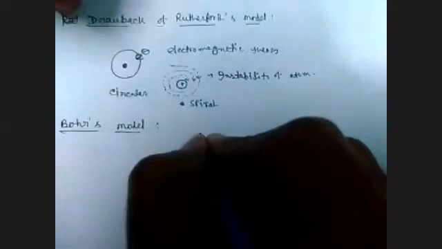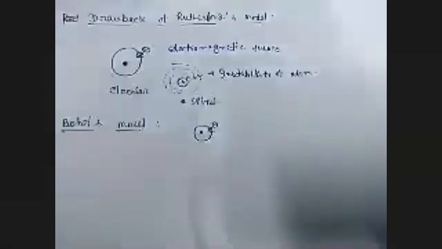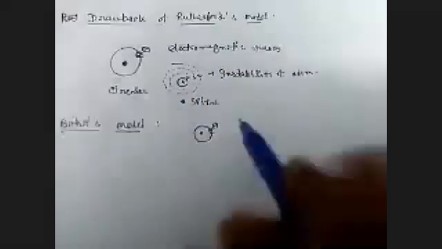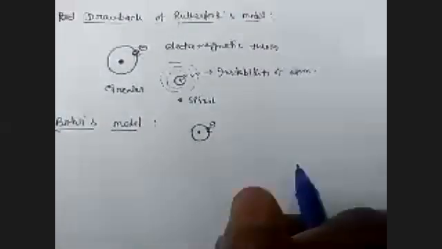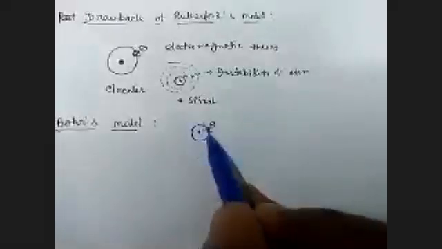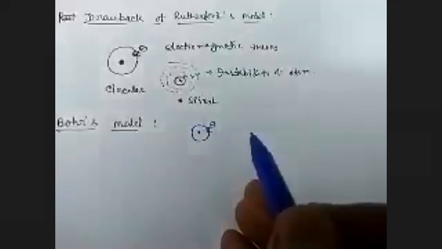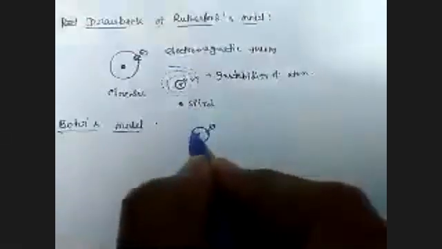Because this is the nucleus, and this is the circular path where electrons are placed. He said the electron can neither lose energy nor absorb energy from outside when it rotates in this fixed circular path.